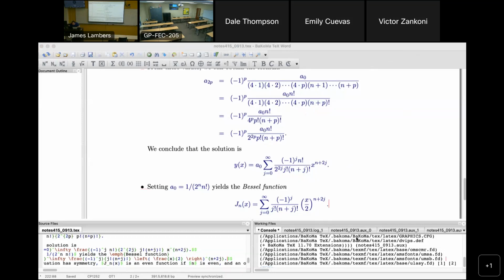And remember something about the behavior of the Bessel function of order n, especially when x gets large. Oh, it's a shift.